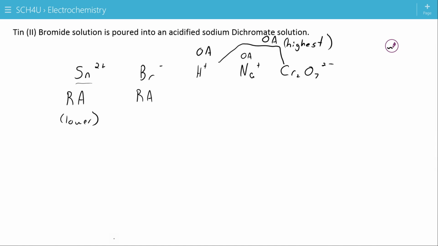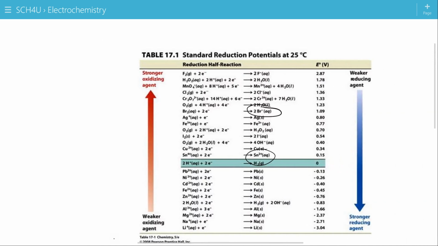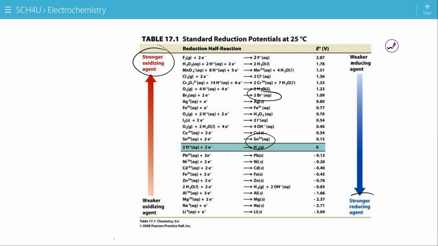Now if I look at this carefully, remember that our strongest oxidizing agent is on the top left-hand side, and our strongest reducing agent is in our bottom right-hand side. So what that means is that these want to get reduced the most, or they want to oxidize the other the most.